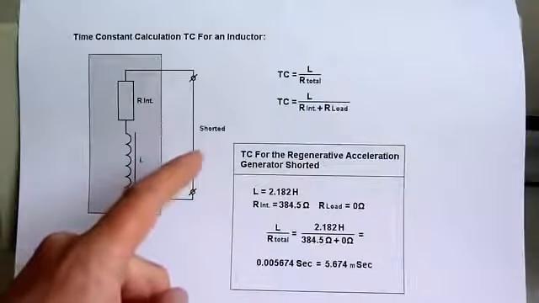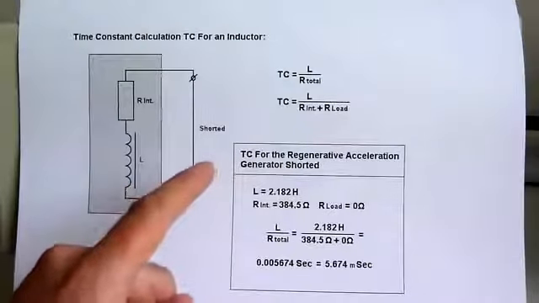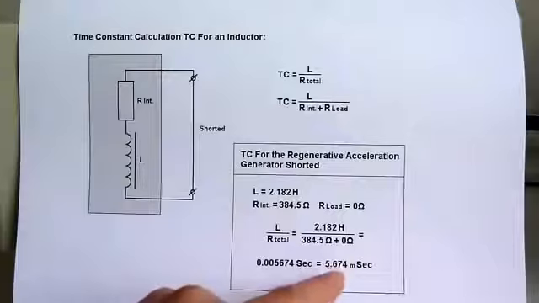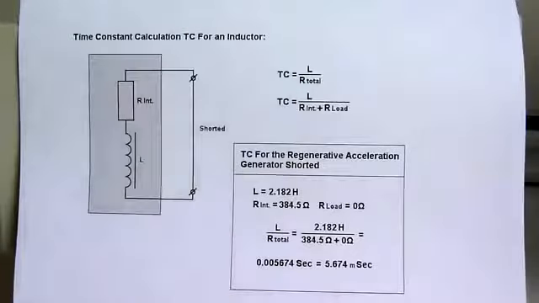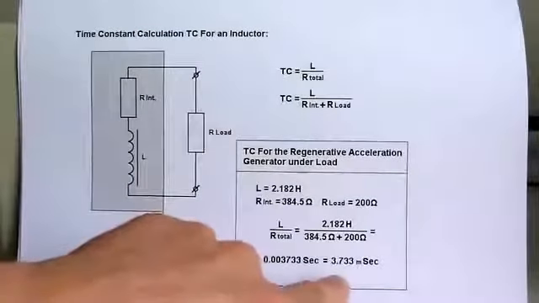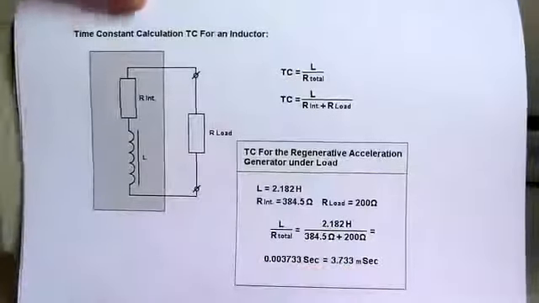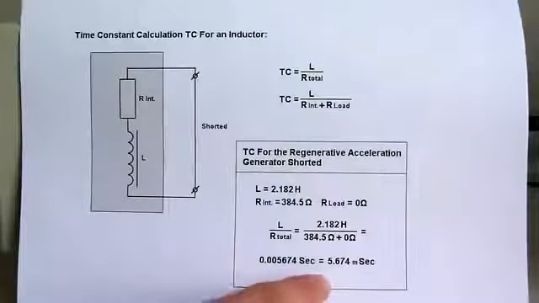In this case the time constant is even bigger than the 3.7 milliseconds which you saw in the load example. So one more time, the regenerative acceleration generator under load will create a 3.73 milliseconds time constant, and when you short it, you will get an even bigger time constant.